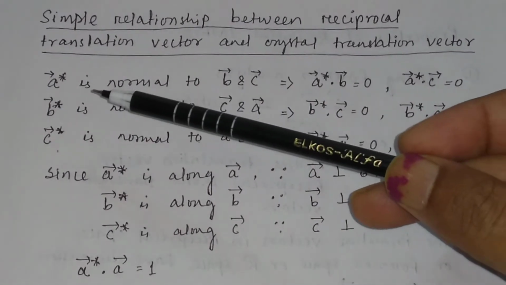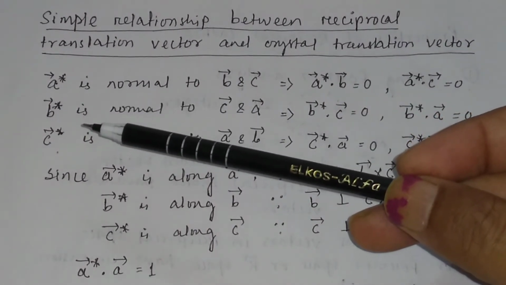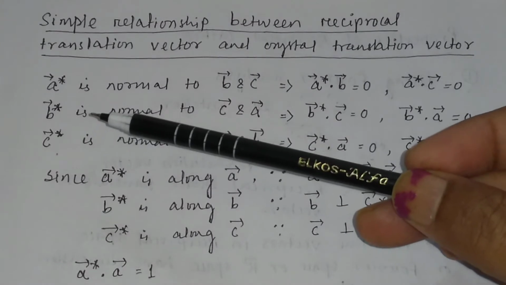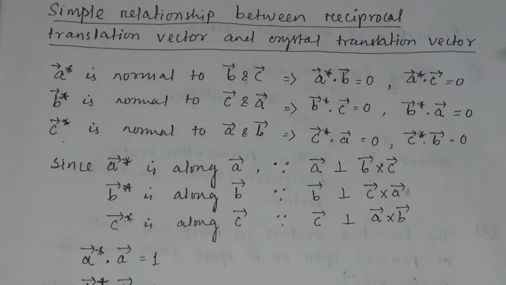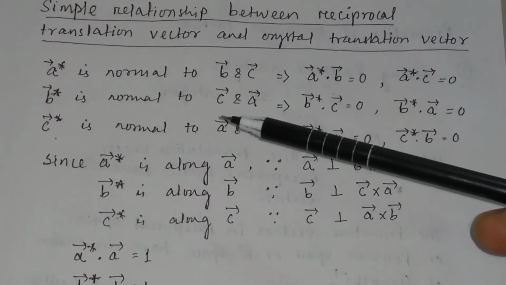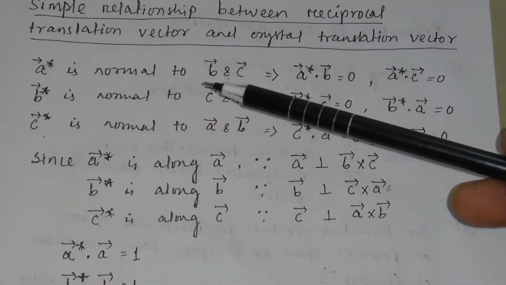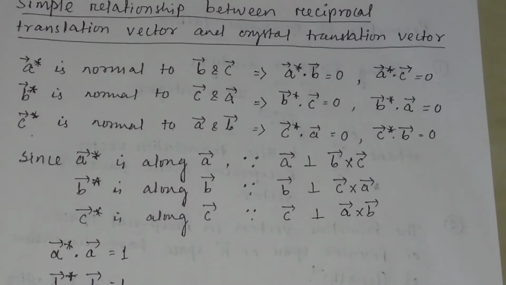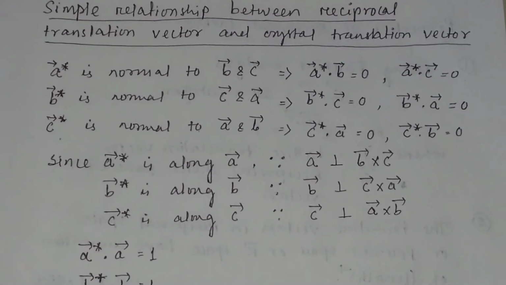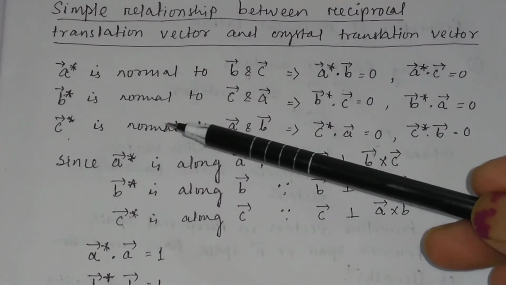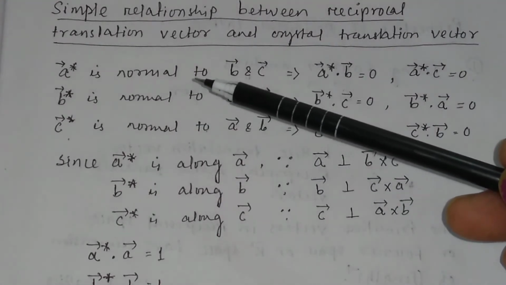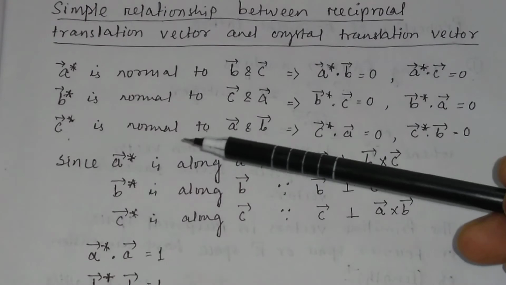Similarly, A star, B star, C star are the lattice parameters in the reciprocal lattice. So you may define the lattice translation vector for the reciprocal lattice. Let us say capital G. So the lattice translation vector for the reciprocal lattice is basically denoted by capital G.